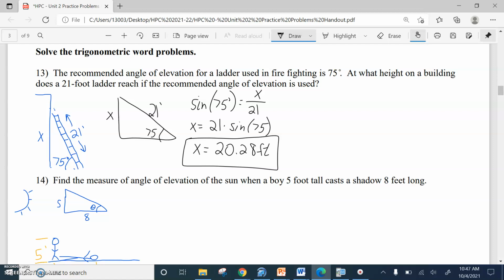But the last step is reread the question, make sure that you're answering the question posed here. We might be looking for how far away is the ladder, how tall is the building, different things. So you want to ask yourself, am I answering the question at hand? And then you box in that right answer. So there you go. Oh, and make sure you put the right units.